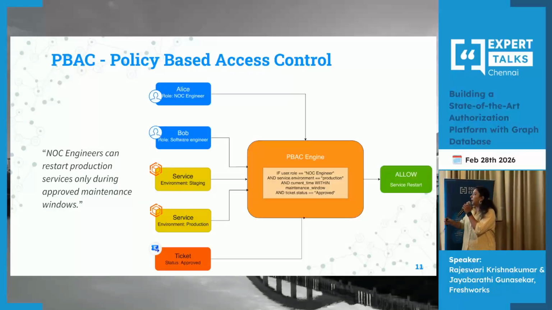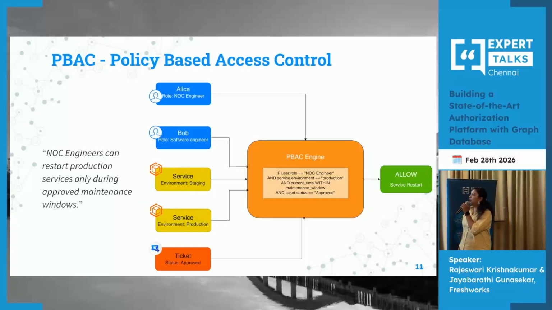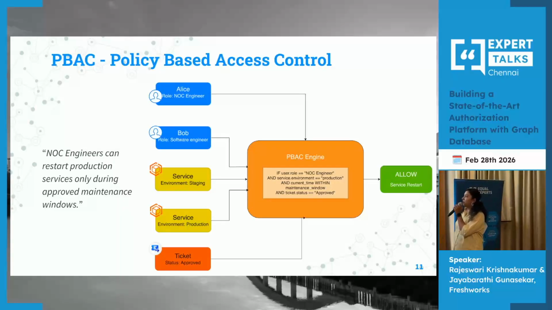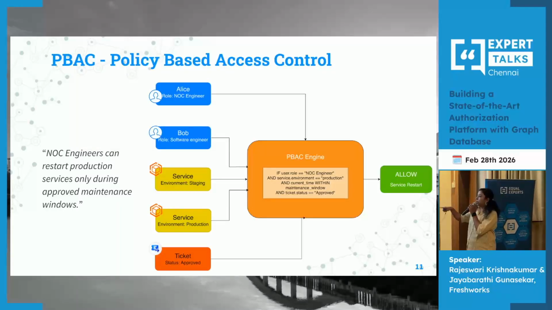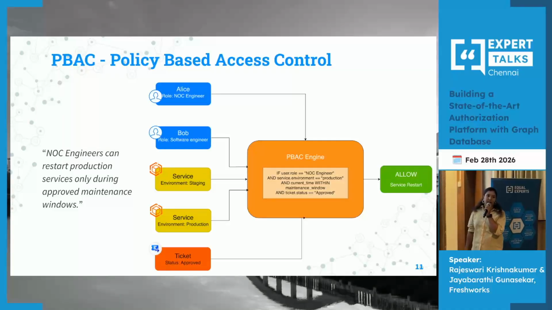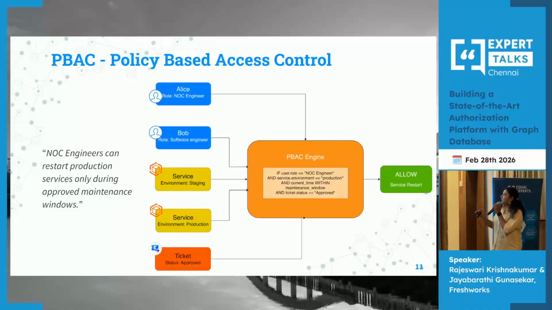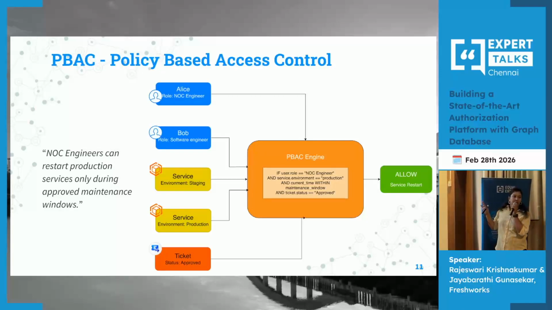So here, Alice and Bob are tech engineers, but Alice is a NOC engineer and Bob is a general software engineer. And then you have your other parameters, like what services there are, what the ticket status is, and everything. Based on all these, we'll build a policy engine.